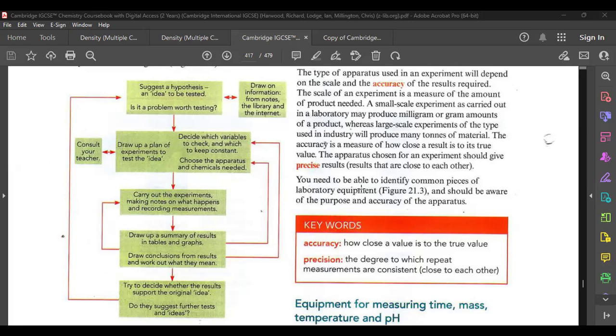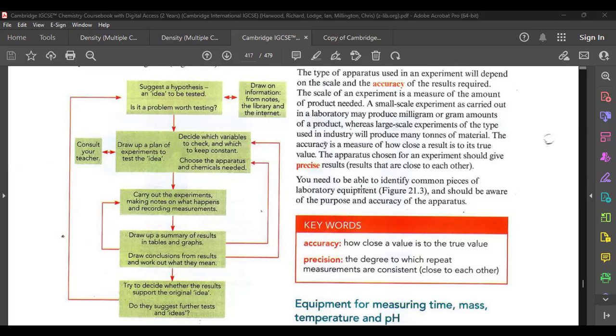For example, if you are going to check the relation between volume and temperature, you are going to keep in mind what volume and what temperature you are going to have, and which other variables are going to be constant, like pressure remaining constant during that apparatus setup. So you are going to check what variables you are going to measure and what to keep constant.